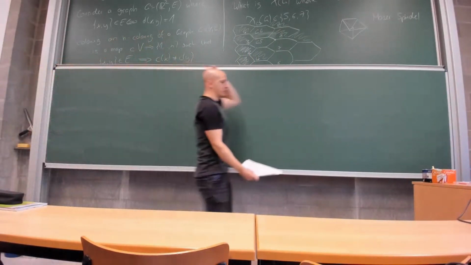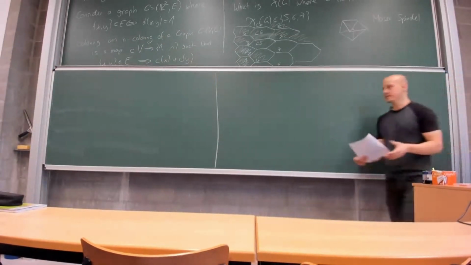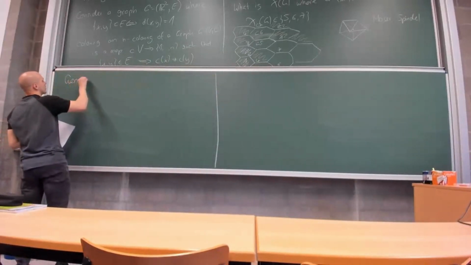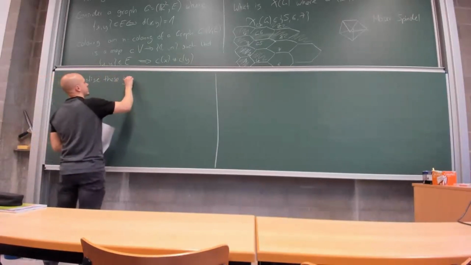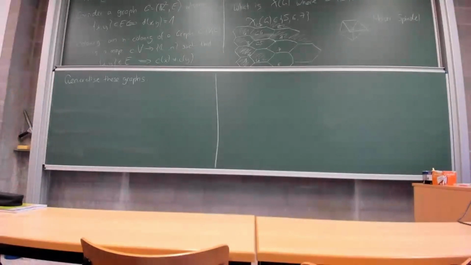So here, in the definition of this graph, we use the Euclidean distance. And I would like to look at graphs that are built similarly.